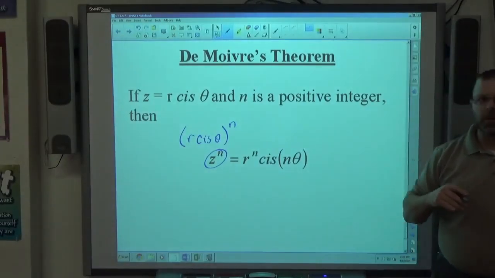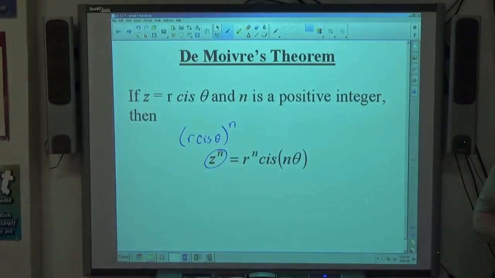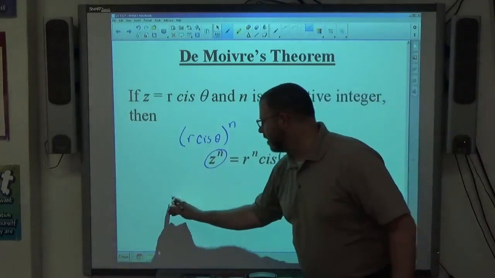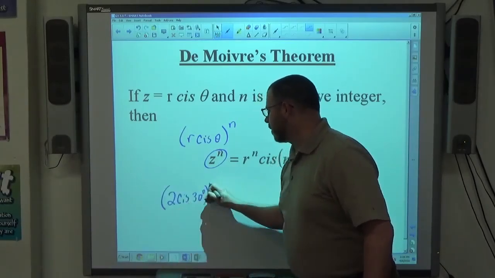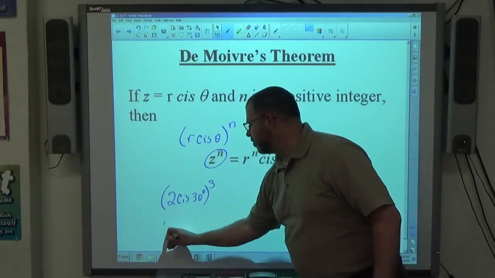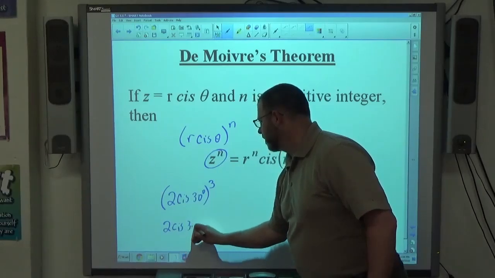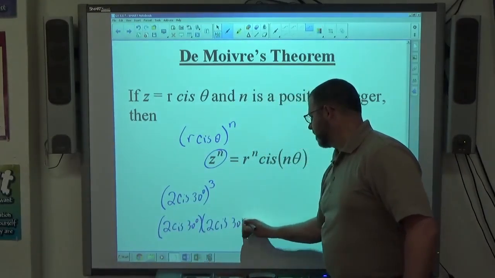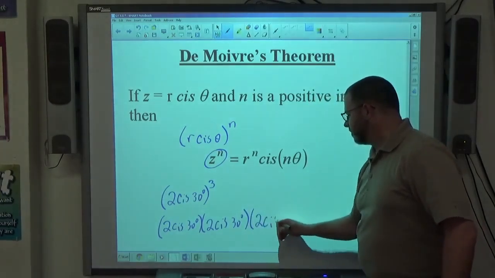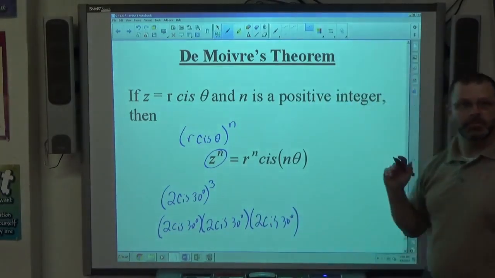This is just a continuation of the rule we learned yesterday about multiplication of complex numbers, right? If, for example, I'm doing, let's say, 2 CIS 30 to the third power, that means the same as 2 CIS 30 times 2 CIS 30 times 2 CIS 30, right?